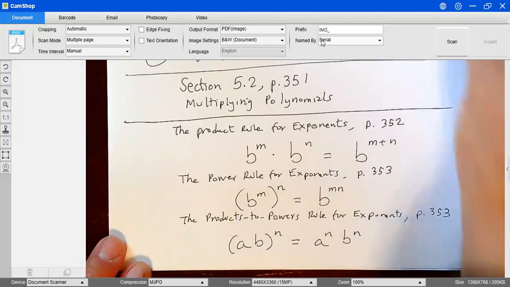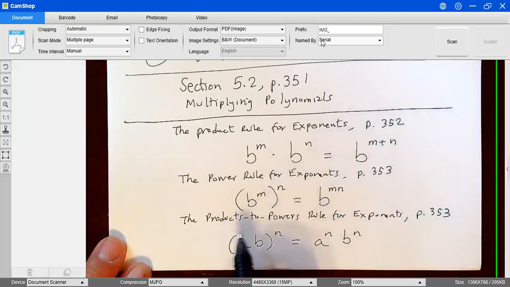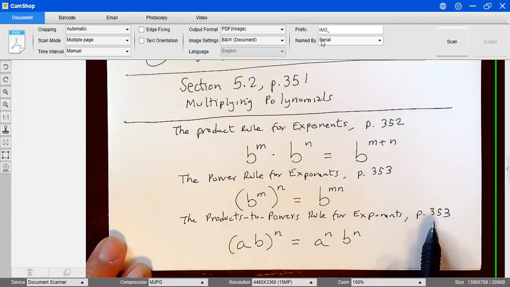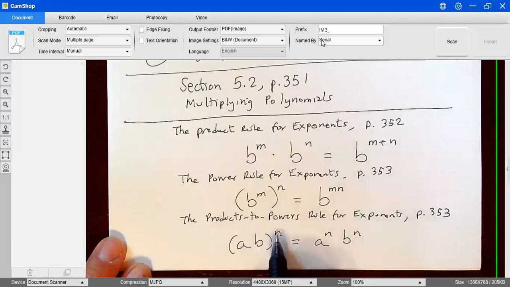Finally, the third rule that we're going to use is the product to a power rule for exponents. That is described also on page 353. This is when you have different factors, and all those factors are raised to the same power. So you can distribute, so to speak, the exponent.